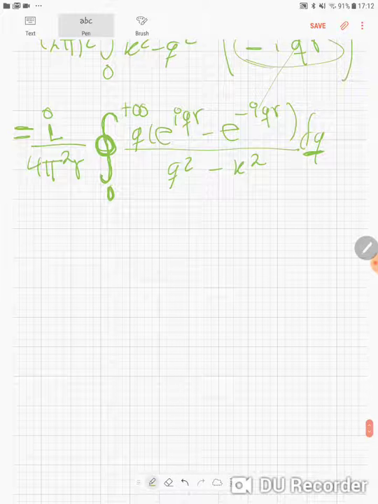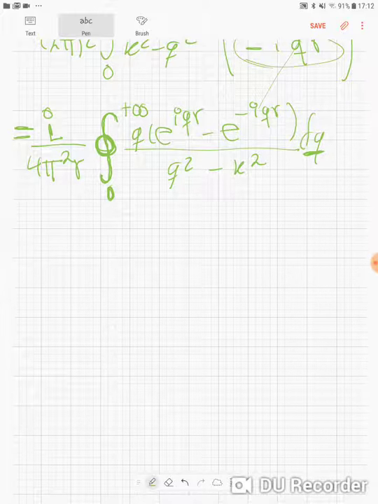So what we're going to do here is apply some strategic steps.